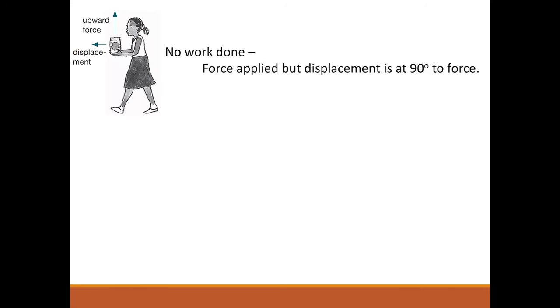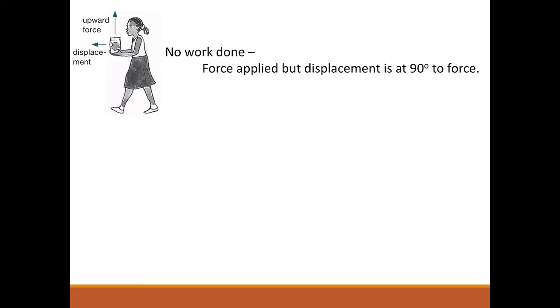However, if I'm still applying an upward force and my object moves sideways as shown here, so my girl is holding the object upwards but is moving to the left with the object, still no work is being done because the displacement is at 90 degrees to the force.